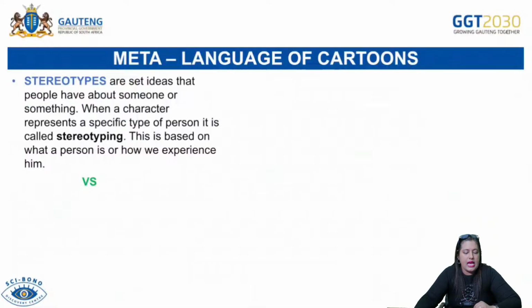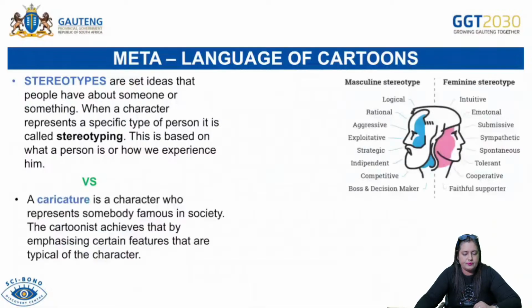Then you've got stereotypes versus the caricature. Stereotypes, remember I said to you, are a preconceived idea about a group of people. When a character represents a specific type of person, we're calling this a stereotype. So it's based on the experiences that that person had with that particular group of people. Versus the caricature, which is a character who represents someone famous in society.